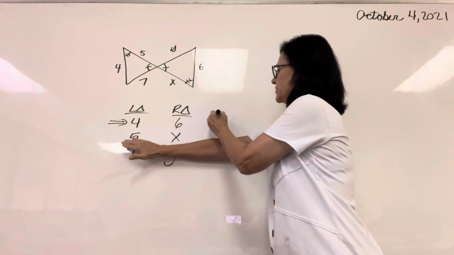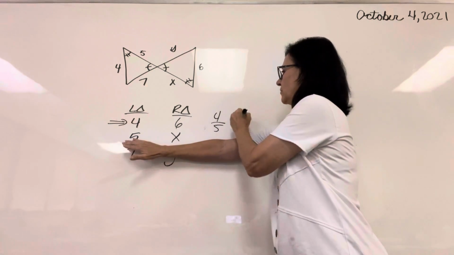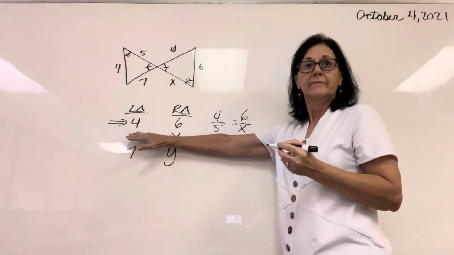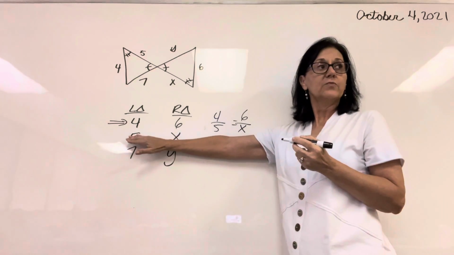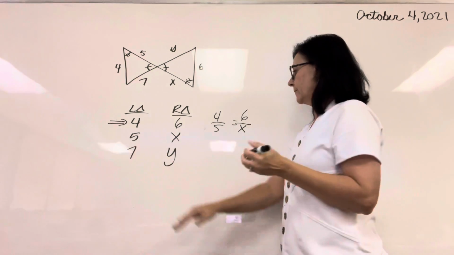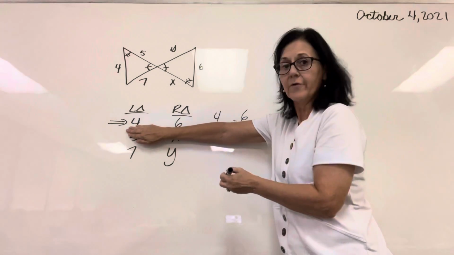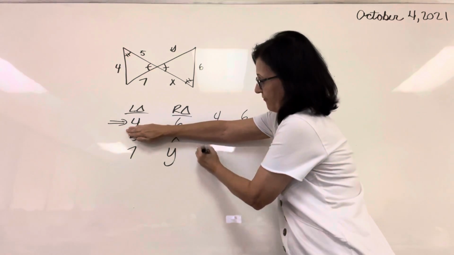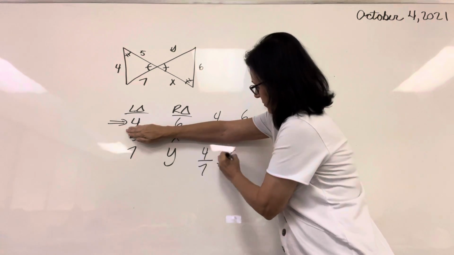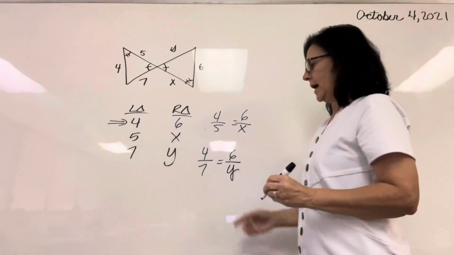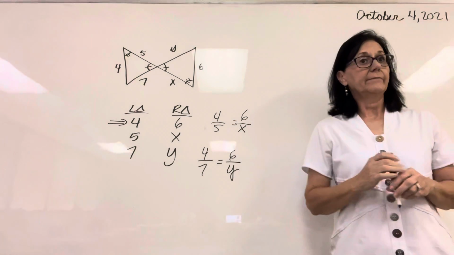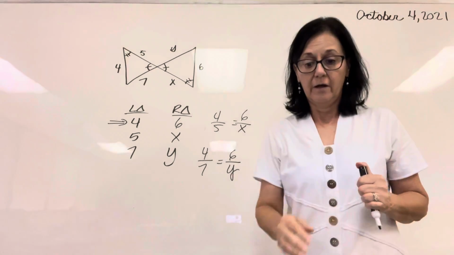So initially, we just do 4/5 equals 6 over X. And how do we solve for this? We cross multiply. And then to solve for Y, we just ignore the middle and we say 4 over 7 equals 6 over Y. And we cross multiply to solve for Y.